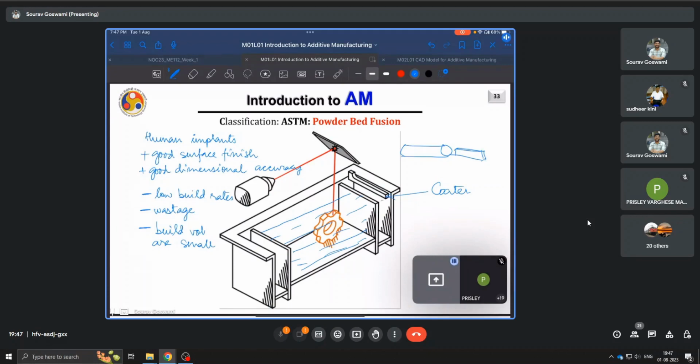This coater brings a new layer of thin powder on top of the existing surface. And again, the region of interest will be sintered. The powder in this region will melt partially and bond to each other, whereas powder in the rest of the region will remain as loose powder, which can be easily removed later.